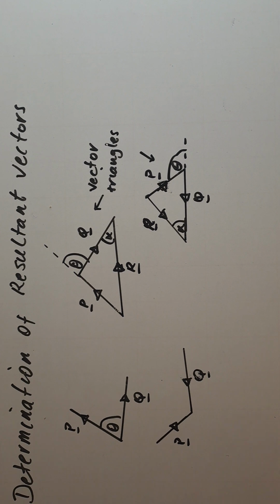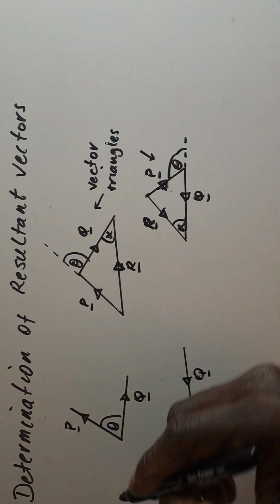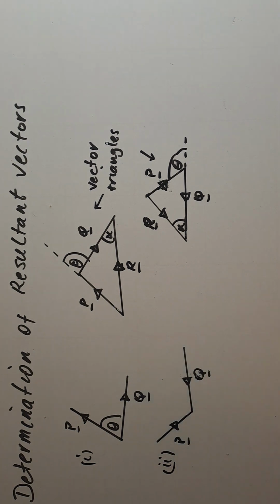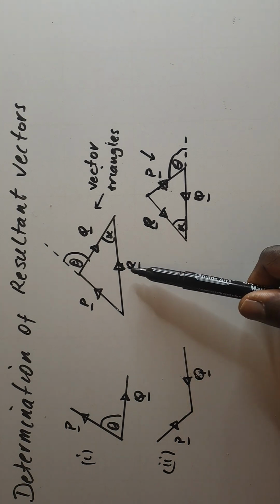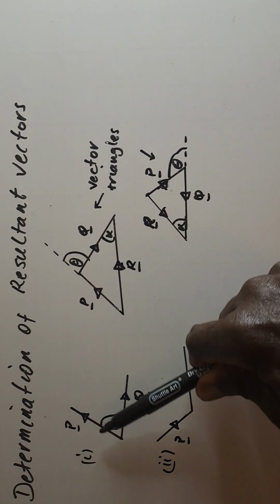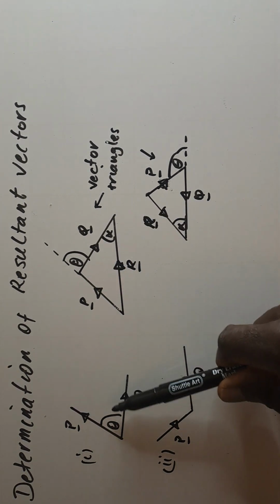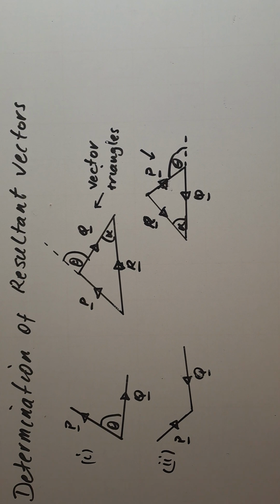Now the resultant is represented by the third side of the triangle formed by drawing a line representing the vector P followed by a line representing the vector Q. As you can see in this diagram, we represent P as it is, and Q is just shifted across to the end of P. It's drawn in the same direction, Q going downwards that way. And the resultant forms the triangle.